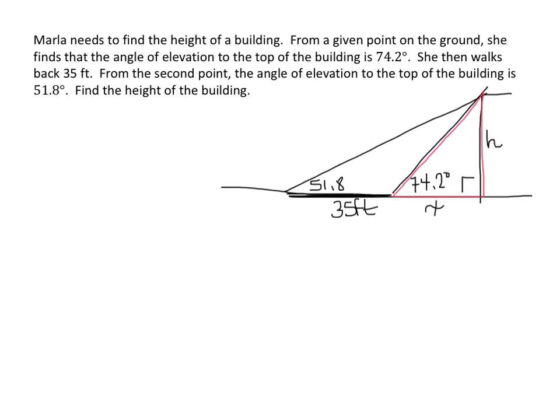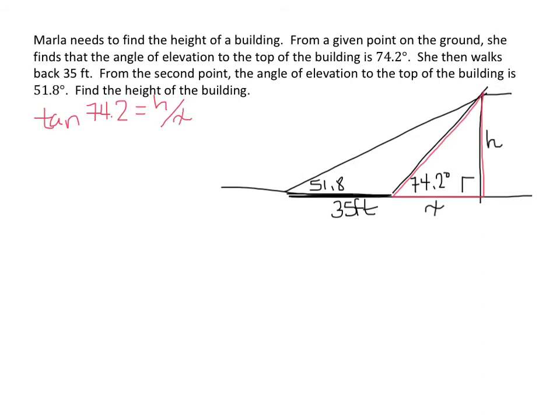I've got an angle, I've got opposite, and I've got adjacent. Obviously, it's not much to go on, but it's some place to start. So I can say that the tangent of 74.2 is equal to H over X.